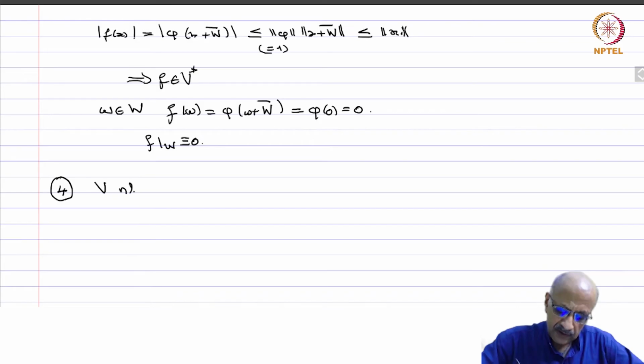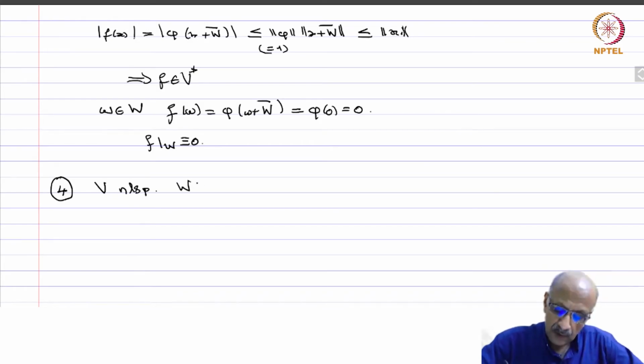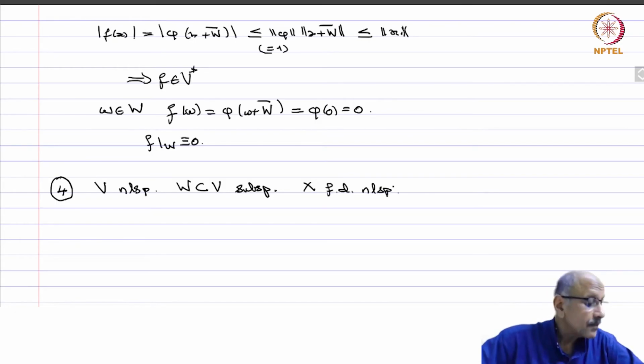V normed linear space, and W contained in V a subspace, and X is a finite dimensional normed linear space. T from W to X continuous.